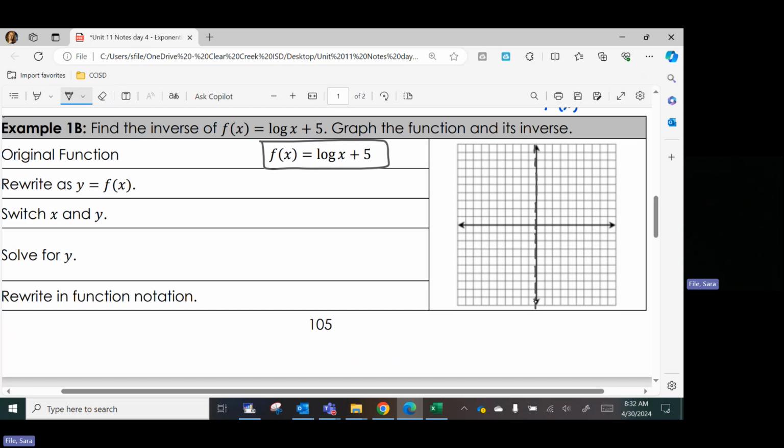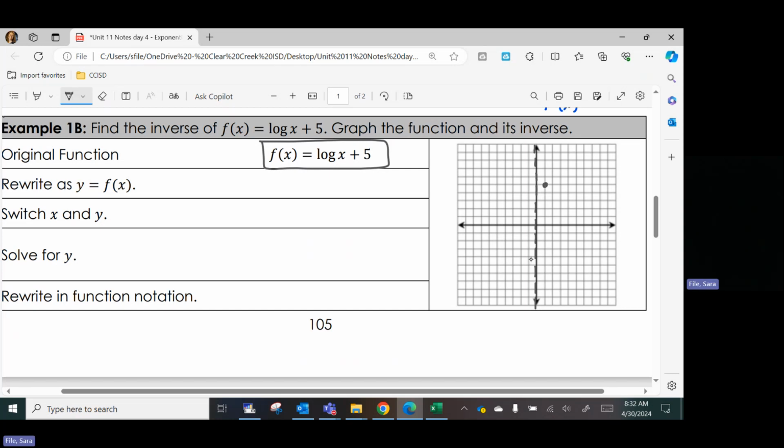A vertical asymptote goes up and down forever anyway. Okay, but shifting up 5 does move what is normally my x-intercept, which is normally at 1. So instead of having a point at (1, 0), there's a point at (1, 5).